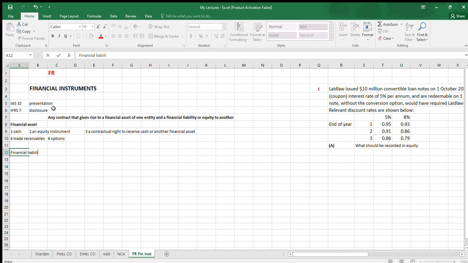All right, now we have financial liability, and it is very simple. Since this is financial asset, the opposite is going to be a financial liability. The first thing is a contractual right to pay or deliver cash to an entity. That's all. We have trade payables.